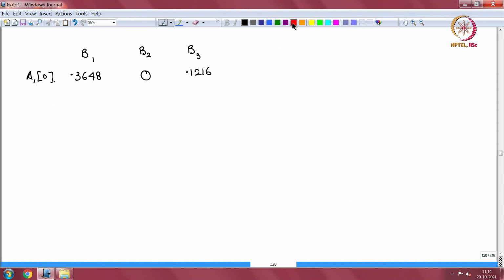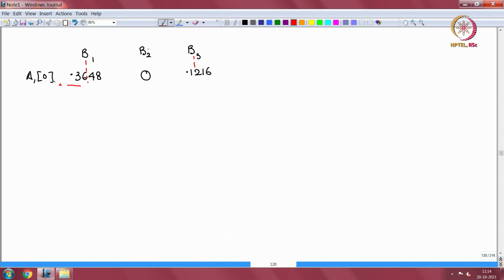First of all, B1 and A0 couple, that is for sure. Similarly, B3 and A0 also couple, and because of the 0, B2 and A1 don't couple.